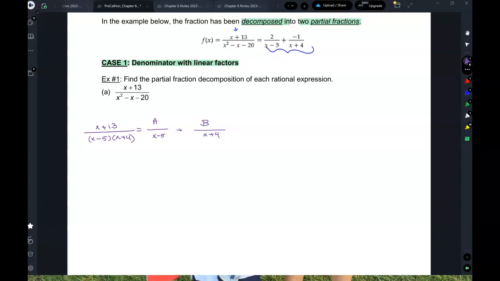Okay, now, at this point, there are several ways to do this. What we're going to do is multiply by the LCD. In this case, the LCD is x minus 5, x plus 4.